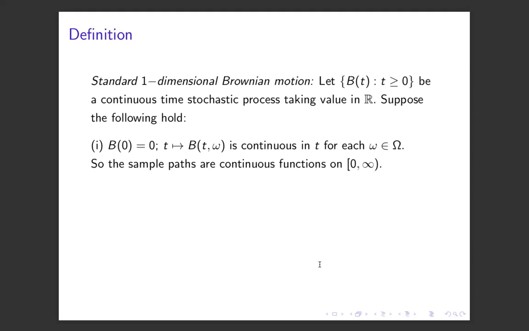So this is what we mean by saying that the sample paths are continuous functions on the half line 0 to infinity. That is the time space. It is taking value in R. B can be negative or positive. Negative means it is going to the left of 0.